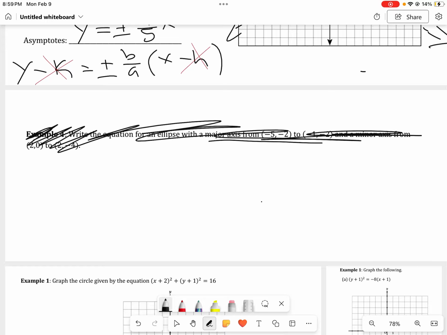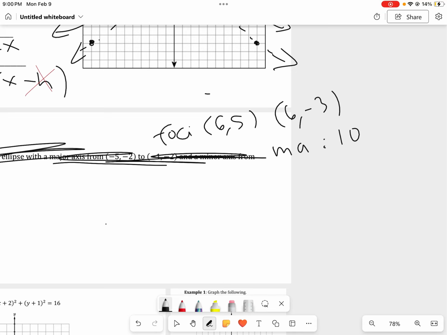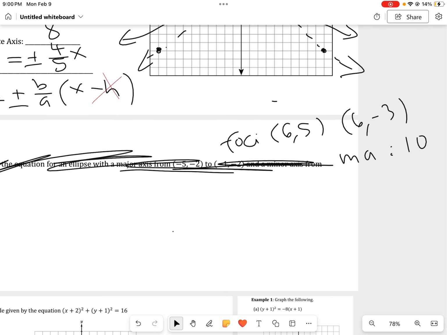Let's say that we have foci at 6, 5, and the other one at 6, -3, and a major axis, MA, with a length of 10. We know the distance between this focus and this focus is 2c.